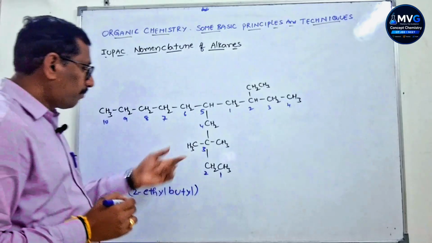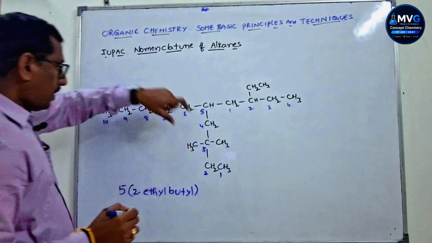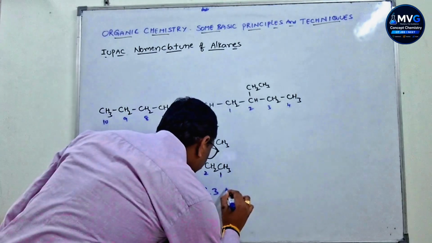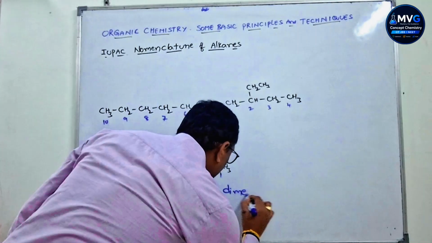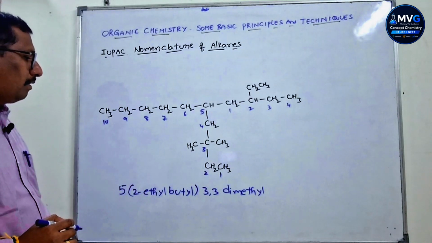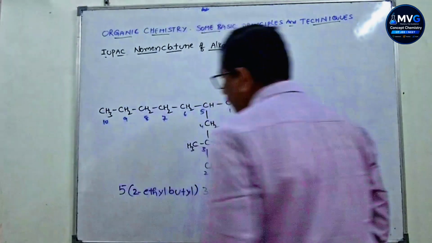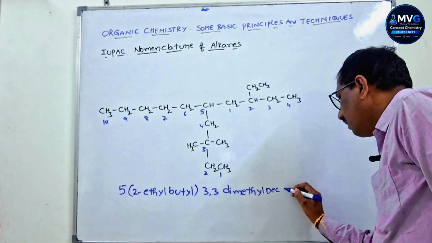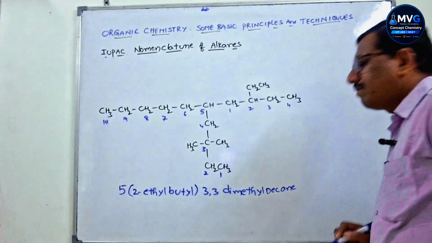Completed, students. Next, the rest of the compound name is as usual: 3, 3 dimethyl. Next, root word, students, 10 carbon atoms are there, dec, primary suffix ane.